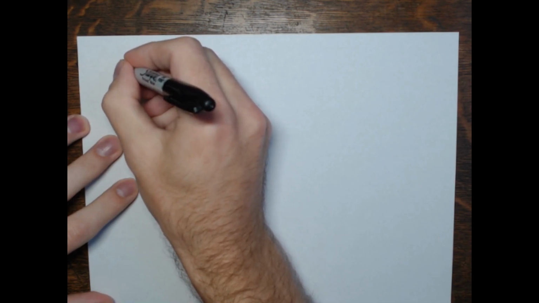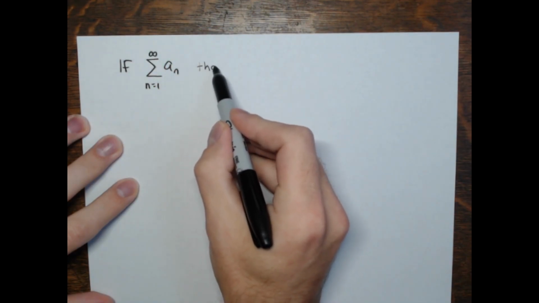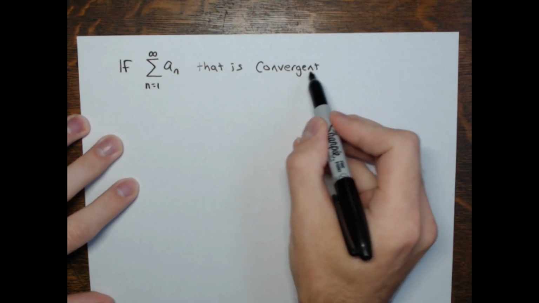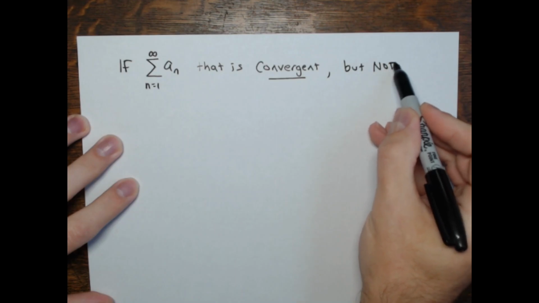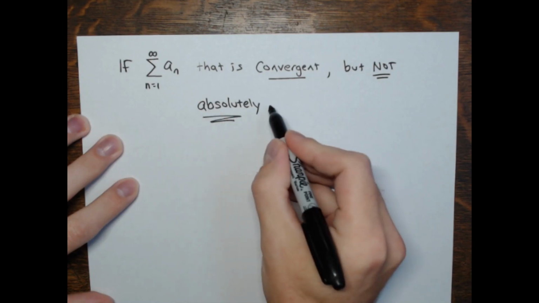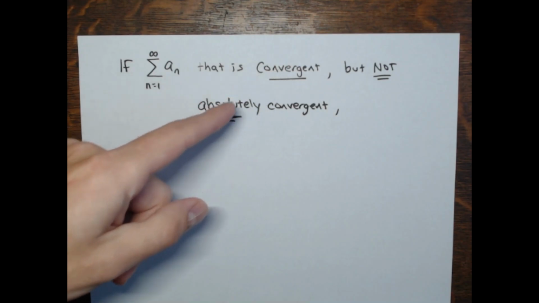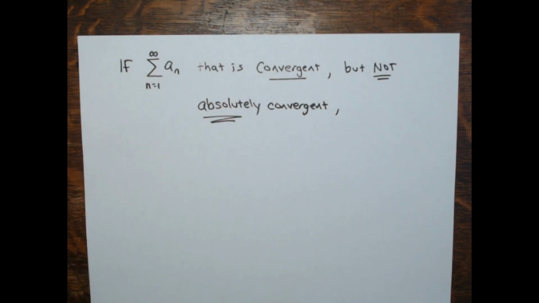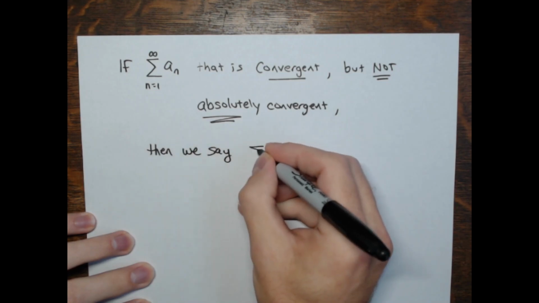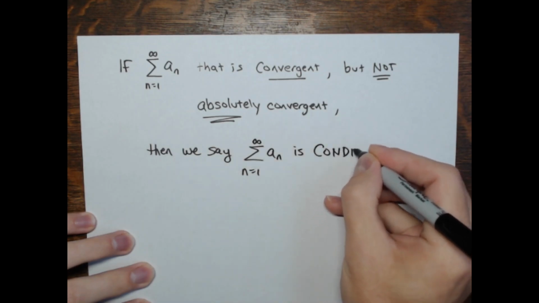If I have a series that is convergent, but not absolutely convergent, so if I made all the terms positive, it would diverge, then we say that the series we were given is conditionally convergent.